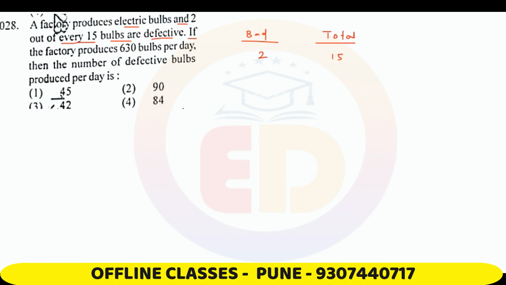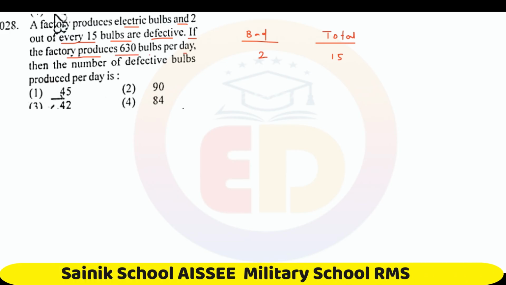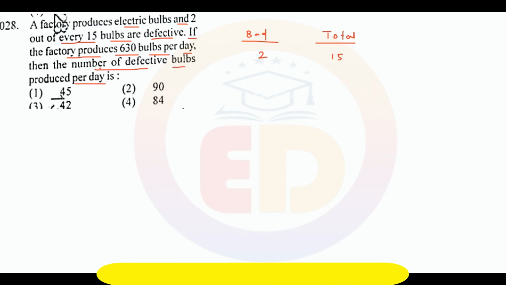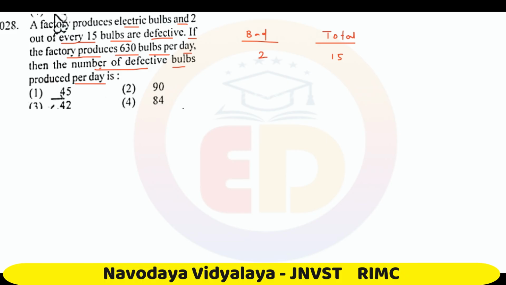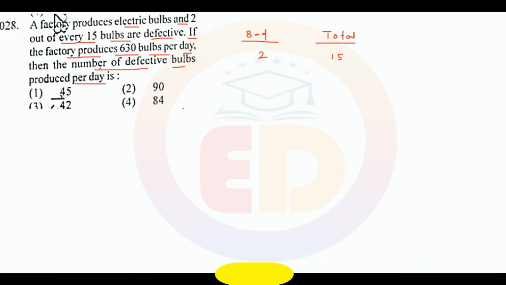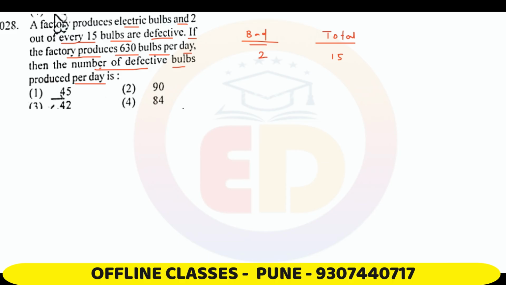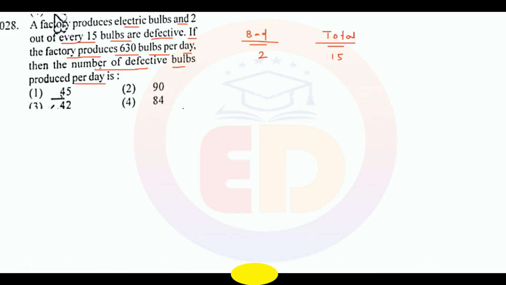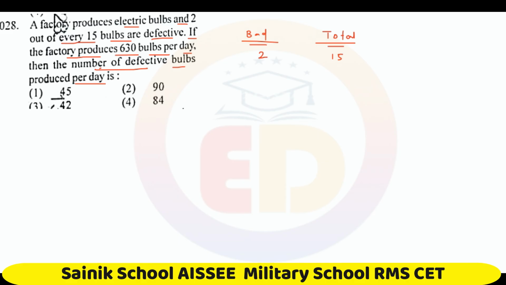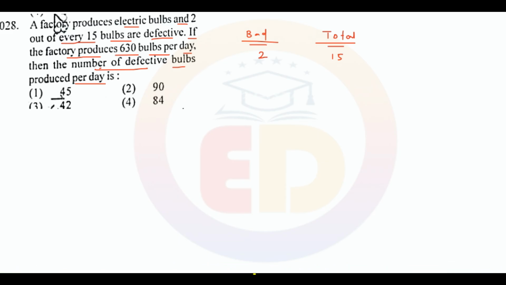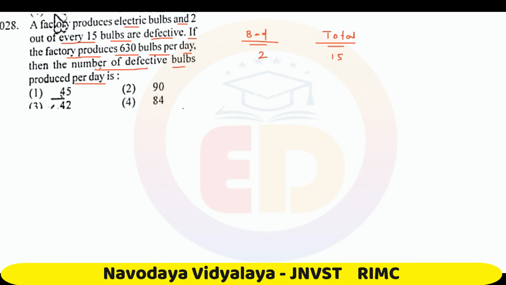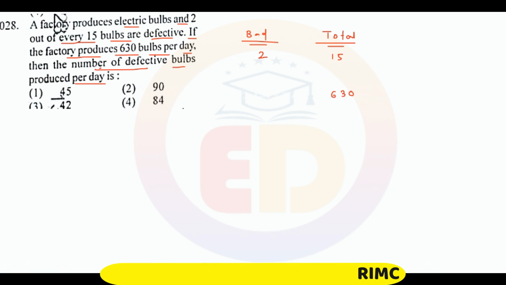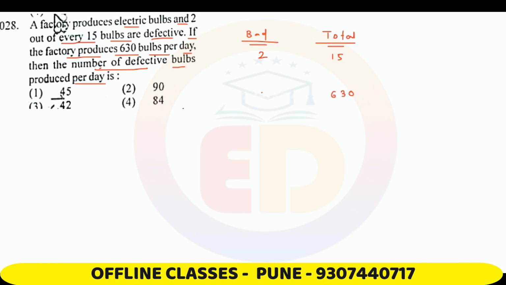The question further says, if the factory produces 630 bulbs per day, then the number of defective bulbs produced per day is. So we have come to the ratio of bad bulbs out of the total bulbs as 2:15. So out of every 15 bulbs, 2 will be bad or defective. So if the factory is producing 630 bulbs, how many will be defective? Let us assume X bulbs will be bad bulbs or defective bulbs.